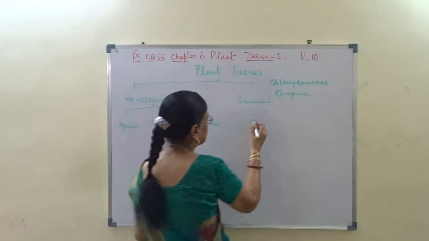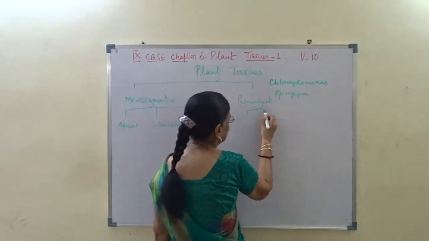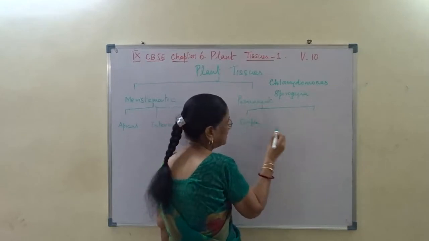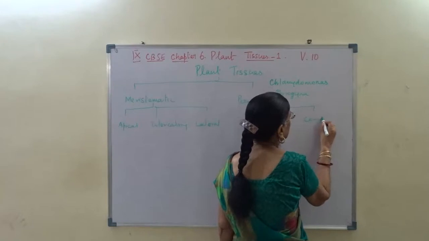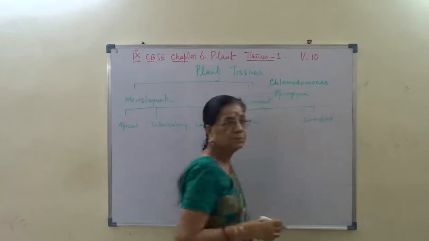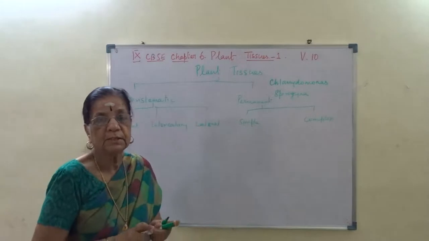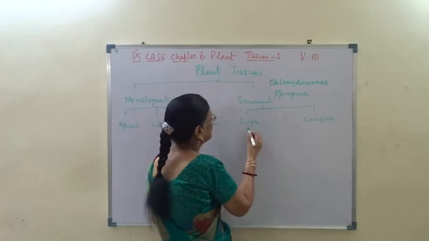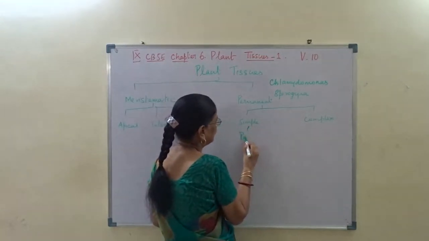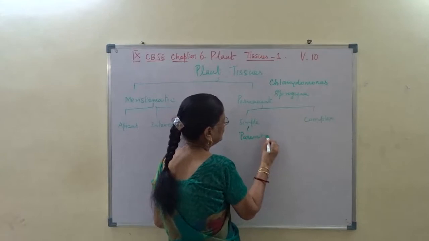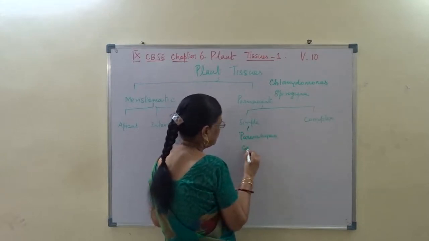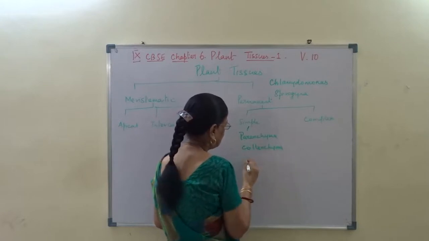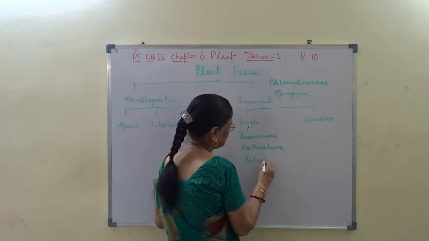Whereas the permanent tissue is classified as simple permanent tissue and complex permanent tissue. Now the simple permanent tissues are further classified as parenchyma, collenchyma and sclerenchyma tissue.